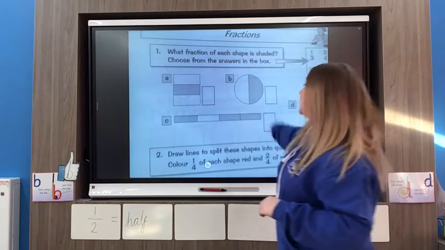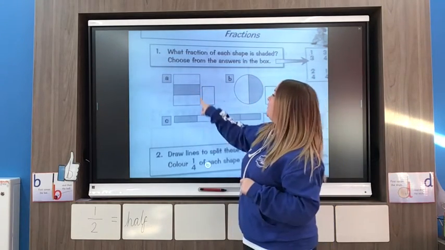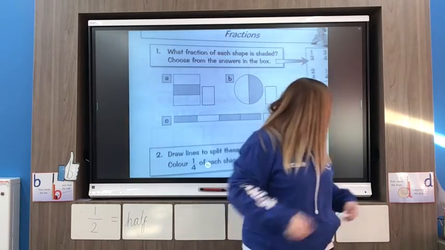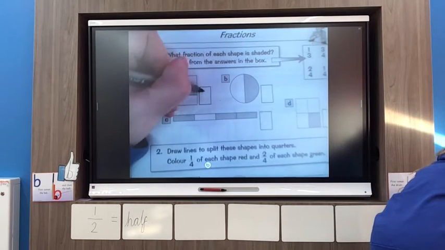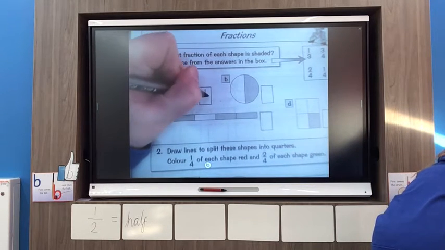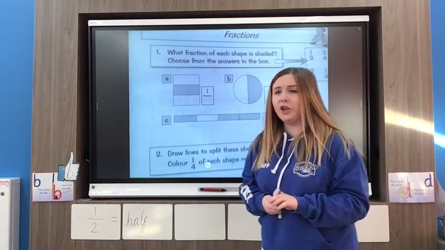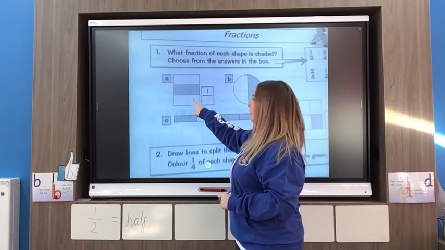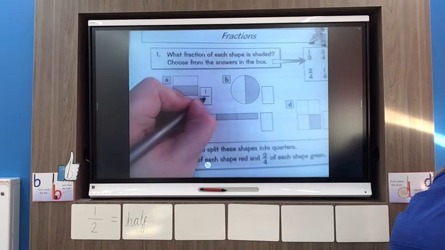So this one's A. How many are shaded out of those? Okay, so we've got 1 shaded, so we would have a number 1 at the top, and then the line. And then how many pieces are there all together, year 4? 1, 2, 3. There are 3. So that would be the denominator.